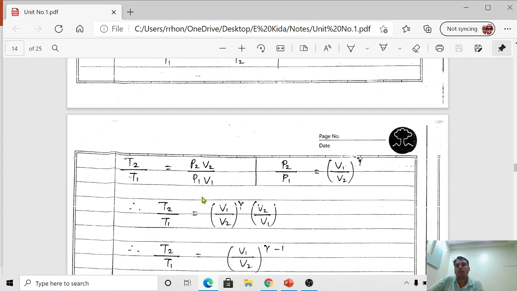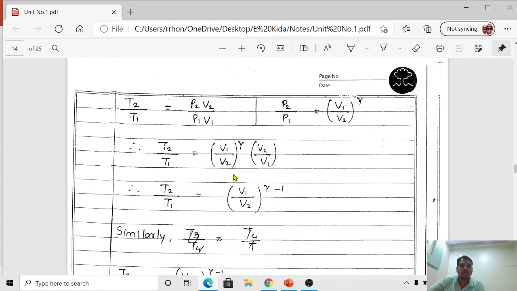Again simplify this equation now. T2 by T1 is equal to, now here we have the value of P2 by P1 is equal to V1 by V2 raised to gamma, so that, dear friends, we can put the value of P2 by P1 in this equation. Replace P2 by P1 with V1 by V2 raised to gamma and rewrite the equation. We will get V1 by V2 raised to gamma into V2 by V1.